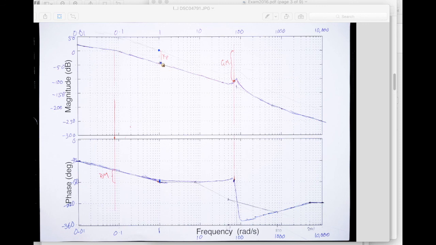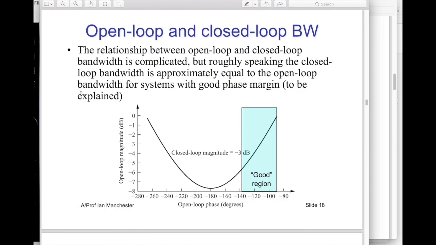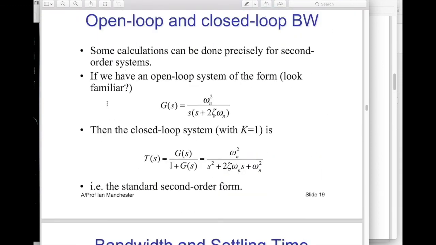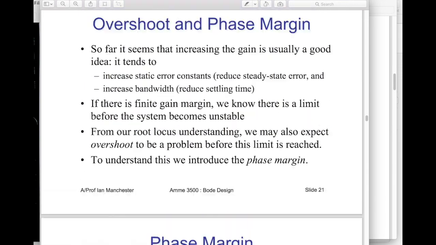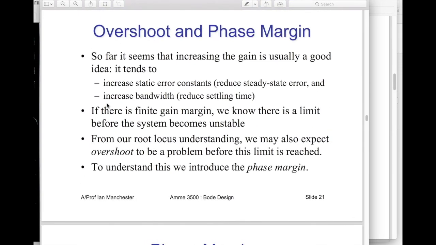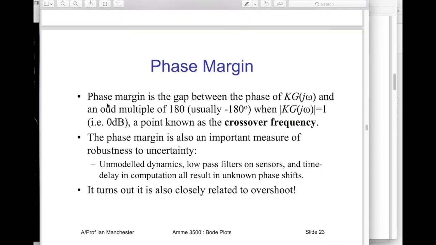By pushing the gain up, I've changed the frequency where we evaluate the phase margin, and now you can see the phase margin is absolutely tiny. It's almost 0. So if we look back at our lecture slides, what's the relationship between phase margin and overshoot? Generally, the smaller the phase margin, the larger the overshoot.